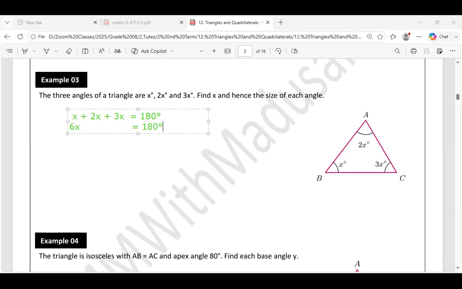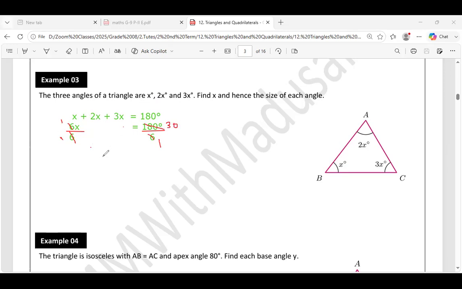Now what you are going to do is divide this side by 6 and this side by 6 in order to find the value of x. 6 times 30 is 180.